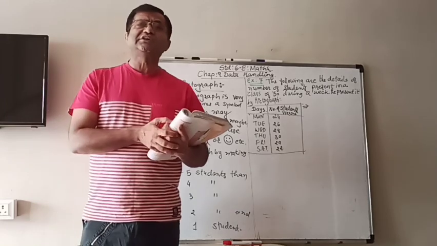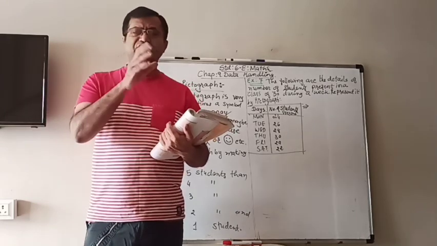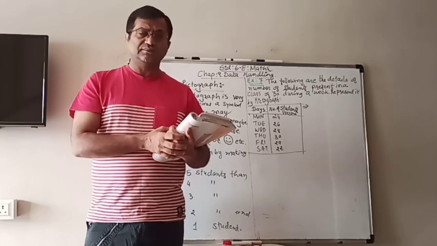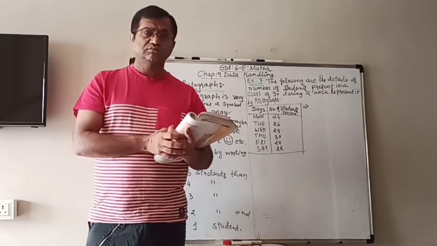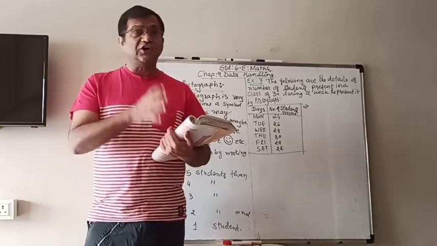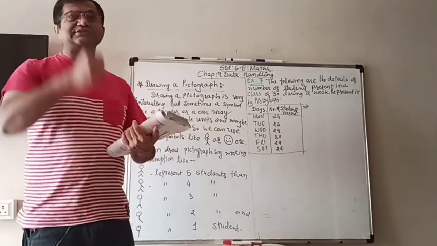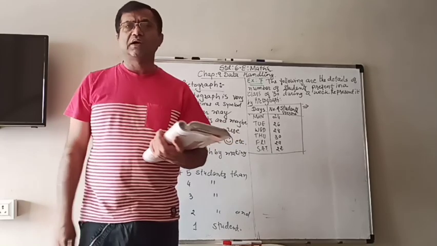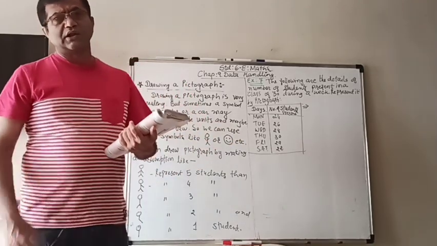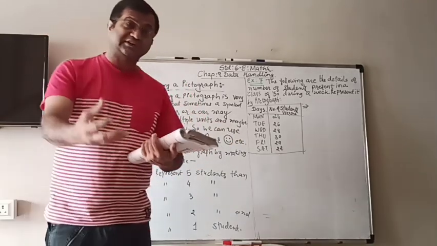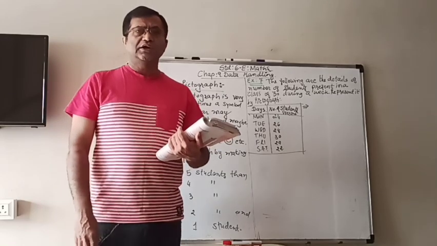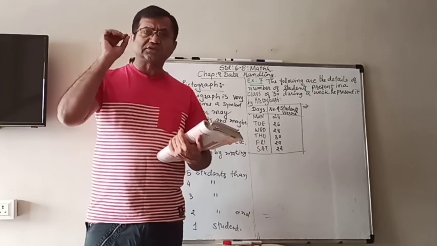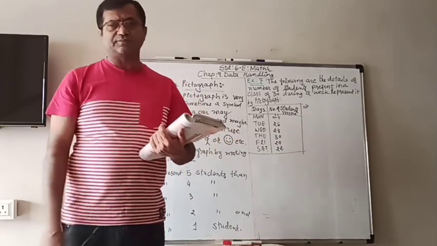So you can solve this problem by taking some simpler symbols. It's not necessary that you take the symbols which represent an item in the example, like fruit baskets or tractors. It's not necessary that you take the picture of the same object.